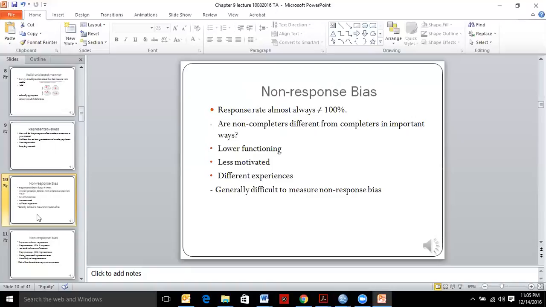So a higher non-response rate can create a bias, because one of the questions we might ask is, are non-completers different from completers in important ways? Are they lower functioning? Were they less motivated? Did they have different experiences? And it's very difficult also to measure non-response bias.